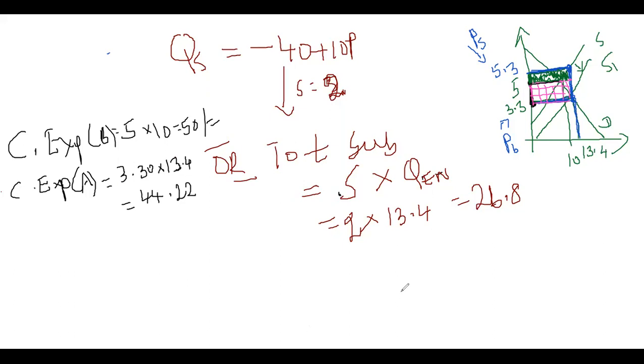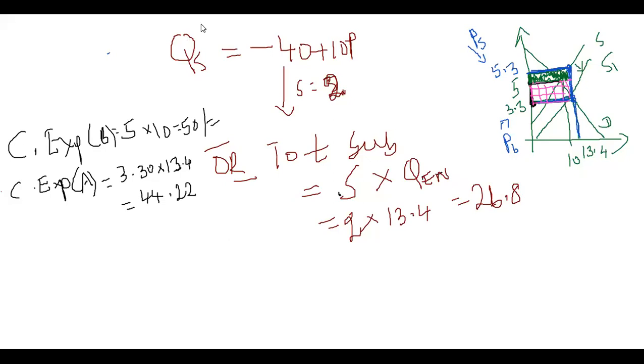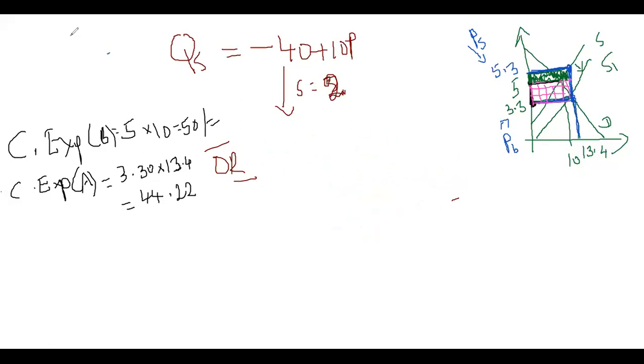Then the next question asks about the change in producer revenue. When we discuss producer revenue, you have to calculate producer revenue before and producer revenue after. Producer revenue before will be 5 into 10 is equal to 50, because before the subsidy, both the consumer expenditure and producer revenue are same.